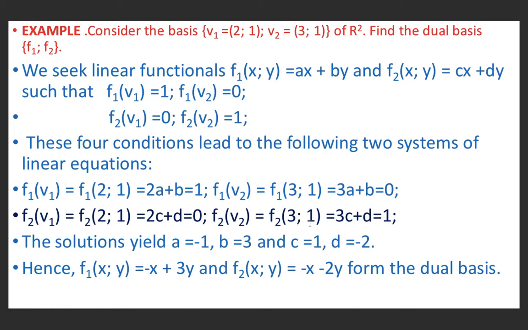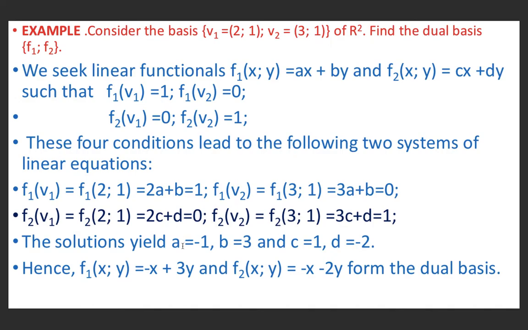So f2(3, 1) means x is 3, y is 1 here. So 3c plus d, and this is equal to 1 because f2(v2) is 1. So we get two equations, 2c plus d equal to 0 and 3c plus d equal to 1. If we solve these two equations, we get c equal to 1 and d equal to minus 2.